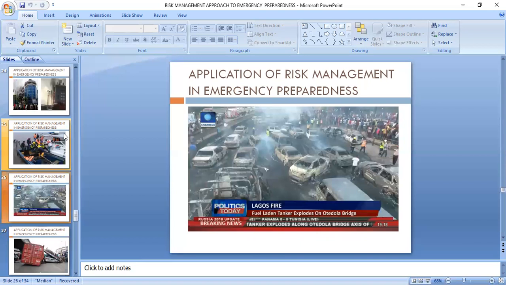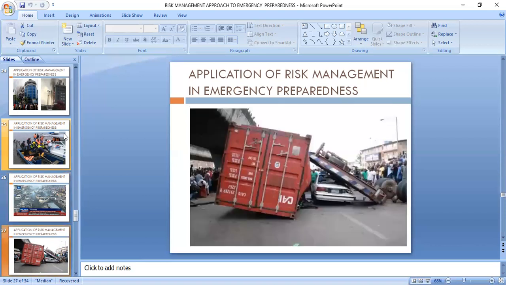Then you have the fuel tanker accident that happened some years ago, and a lot of people died in that emergency. Then you have containers falling on vehicles. Those are sad incidents that the states need to really address urgently.